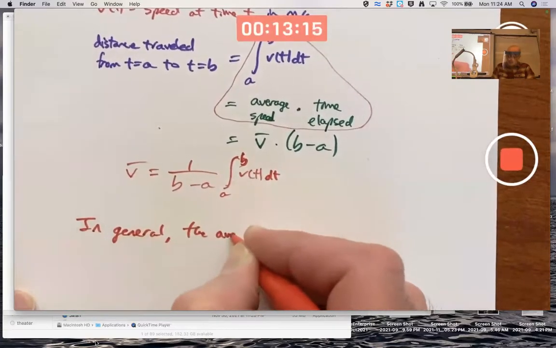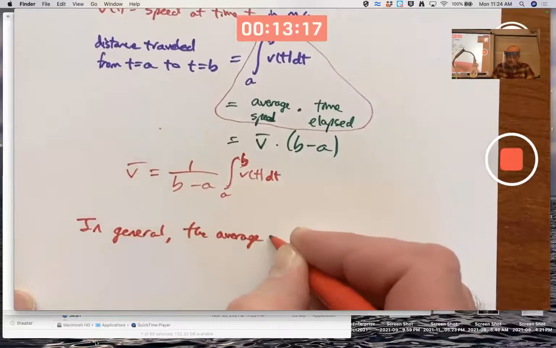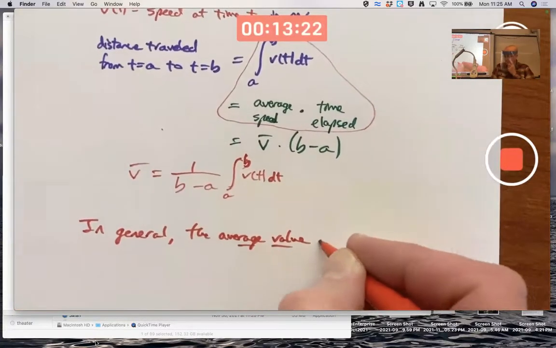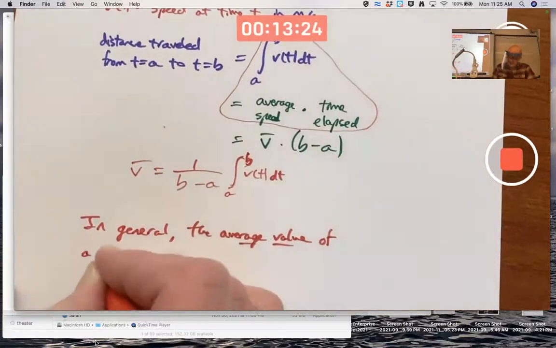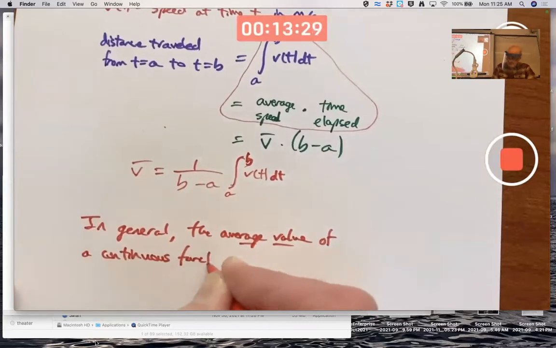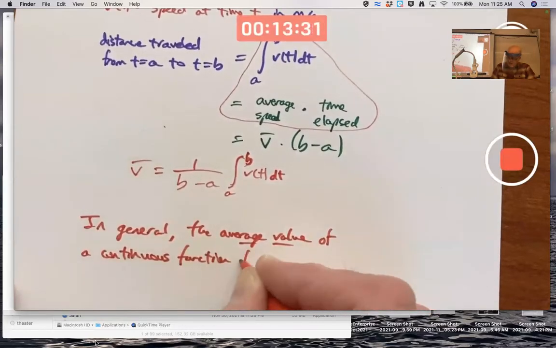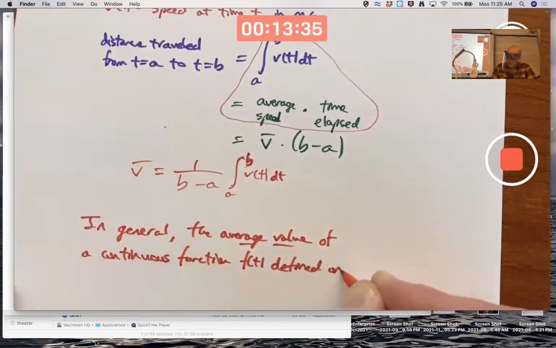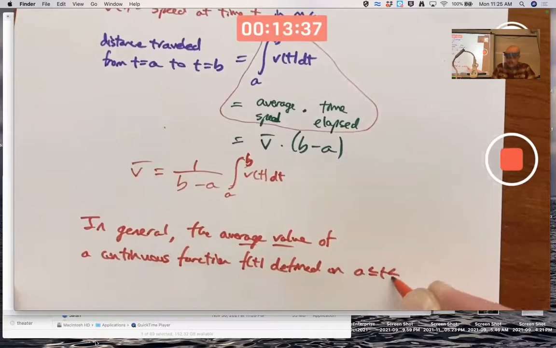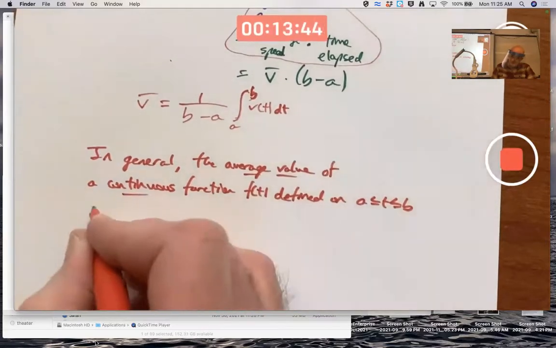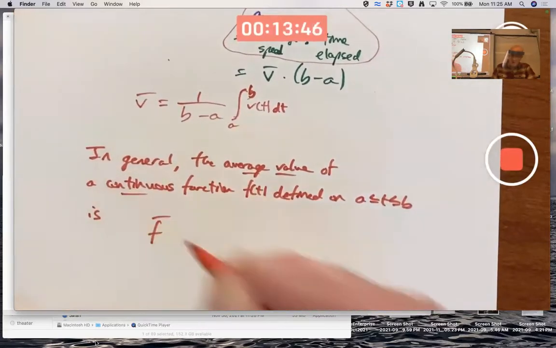the average value, not average speed, but average value of a continuous function, say f of t defined on some closed interval, and I'm assuming it's also continuous on that entire interval, is, you could call it f bar.